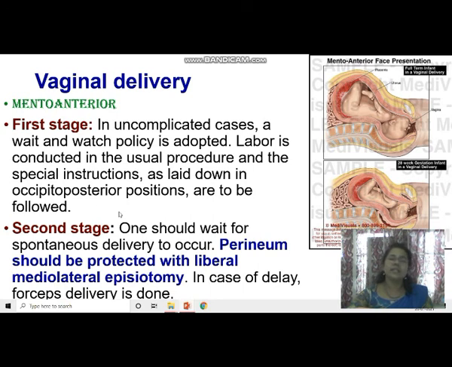In the second stage, one should wait for spontaneous delivery to occur, and the perineum should be protected with a liberal mediolateral episiotomy, because there may be a lot of chance of a tear and it will become very difficult to deliver. In case of delay, we can use forceps delivery.